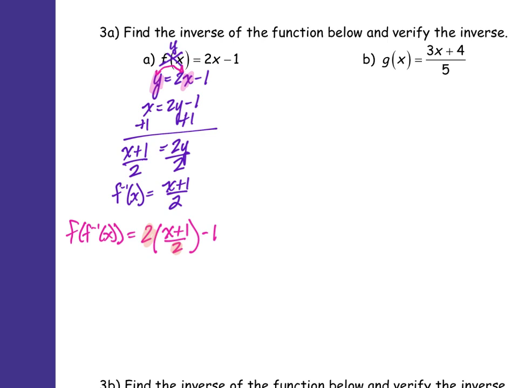Let me see if I can write it this way. I can write this as 2 times (x plus 1) divided by 2, minus 1. Now what happens to the 2's?